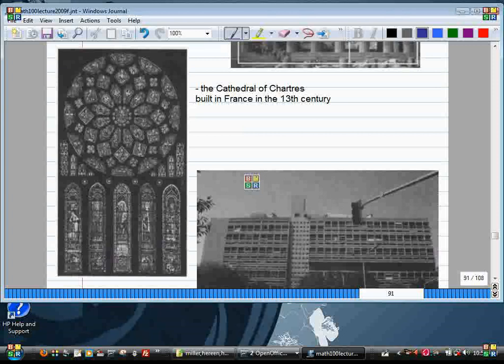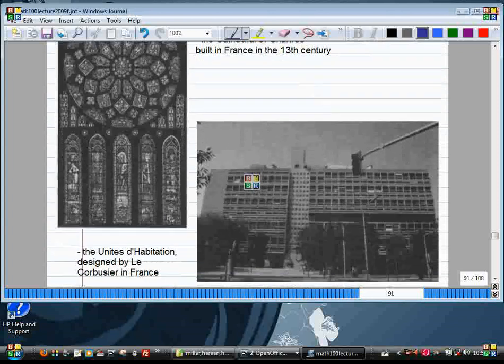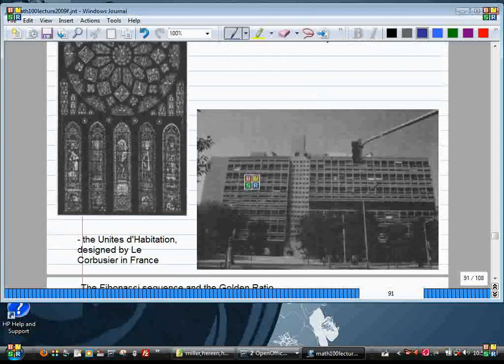And it's very pretty. And the last bit of culture. This is the Unité d'Habitation, designed by Le Corbusier, a very famous 20th century architect, and this is in France. All right.